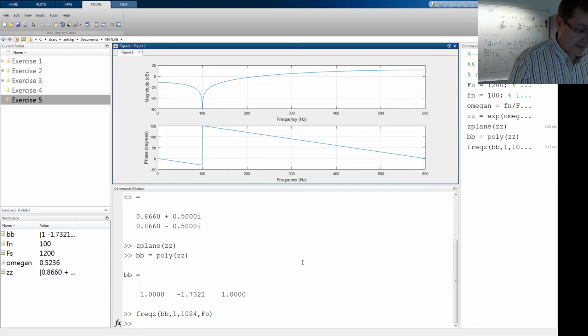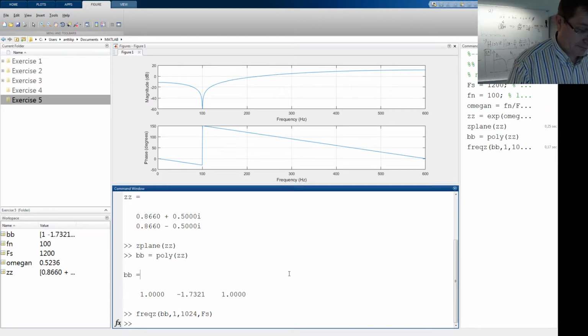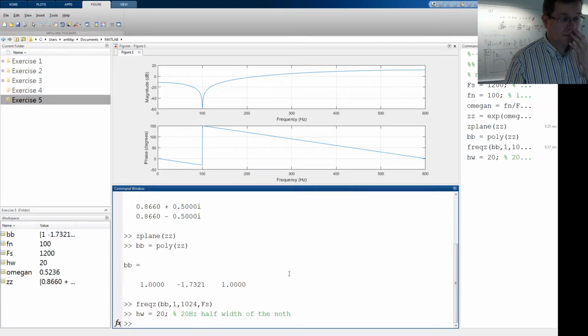For example, the half width of the filter could be 20 Hertz. So the corresponding angle is there.